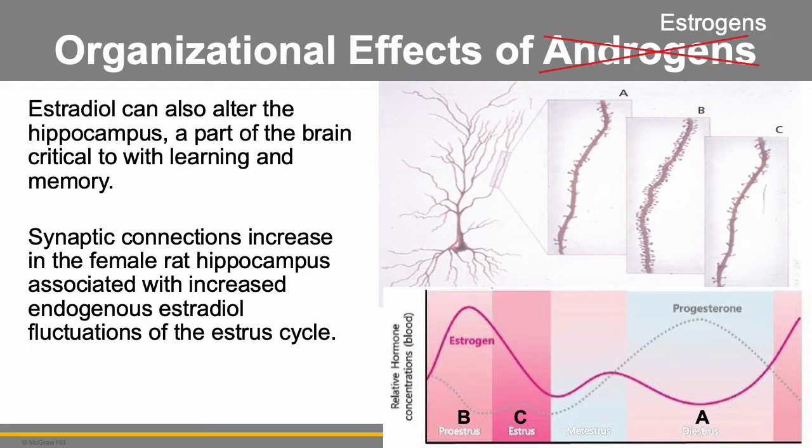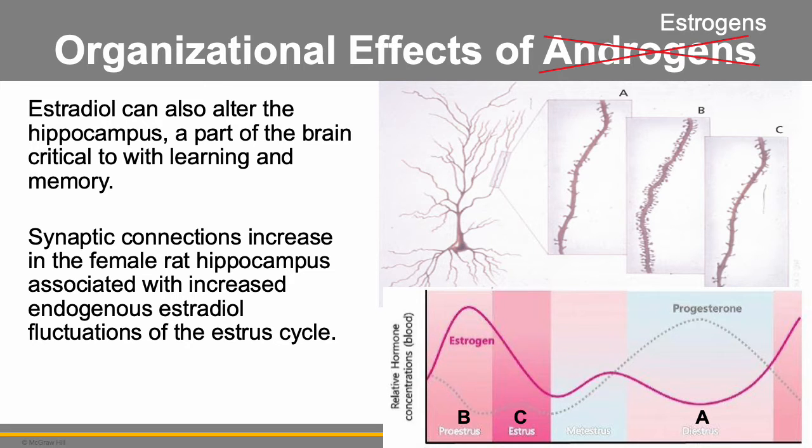And we see this plastically. We see this ability in the plasticity in the brain. A well-studied example of this is the effect of natural endogenous estradiol on the hippocampus in female mammals that are undergoing estrus.